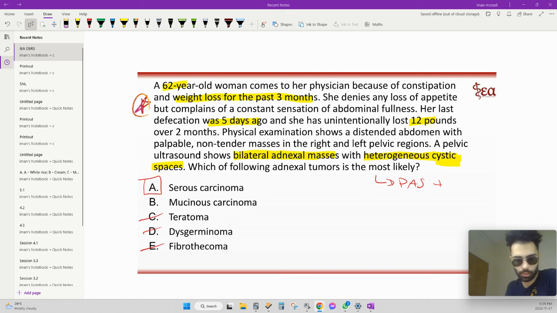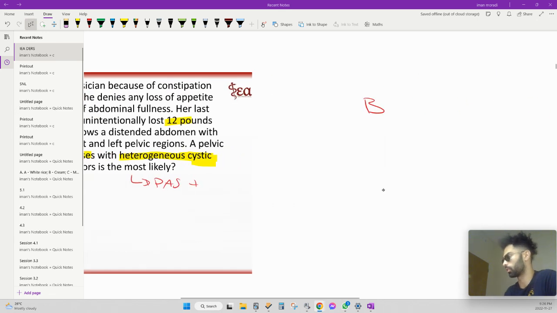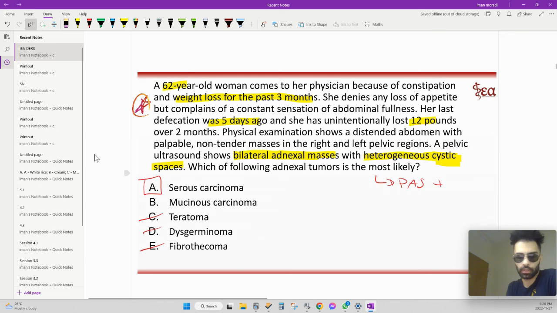I didn't really like this question, to be honest with you. Oh yeah, I marked it wrong. It is serous. Ignore this. The reason is that it's more common, basically.